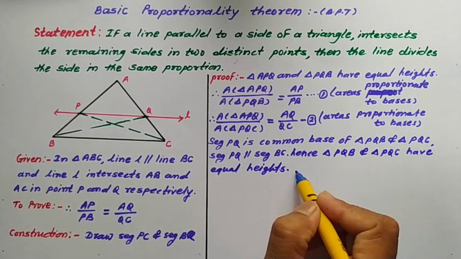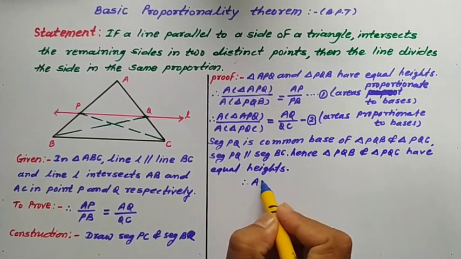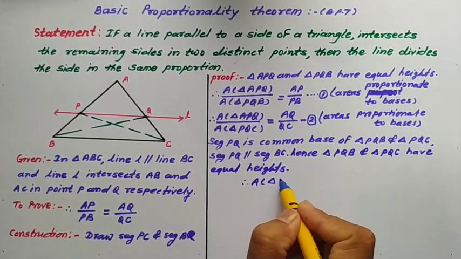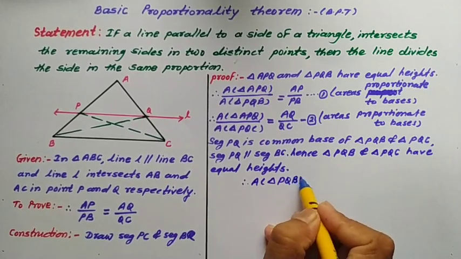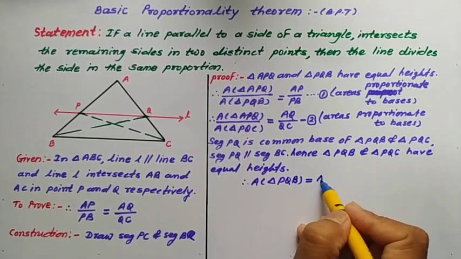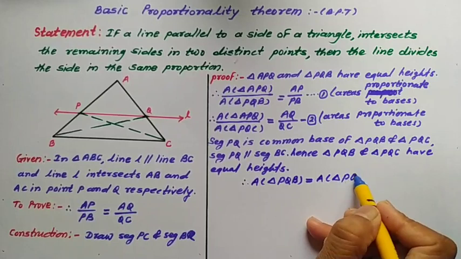Therefore area of triangle PQB is equal to area of triangle PQC.